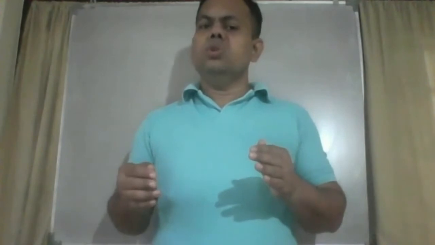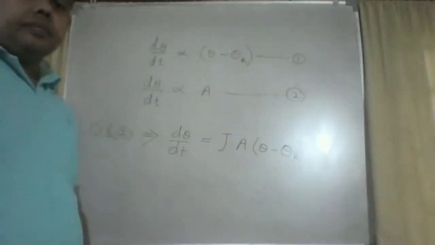And also, the rate of cooling is proportional to the surface area of the object. The greater the surface area, the greater the cooling rate. That is Newton's law of cooling. We can express Newton's law of cooling mathematically as follows.